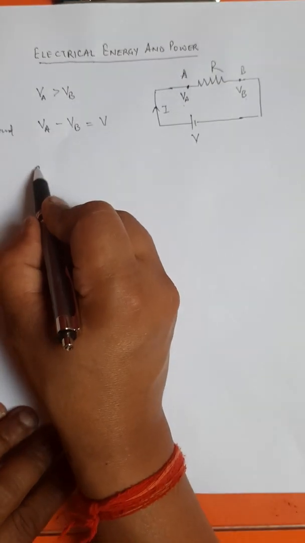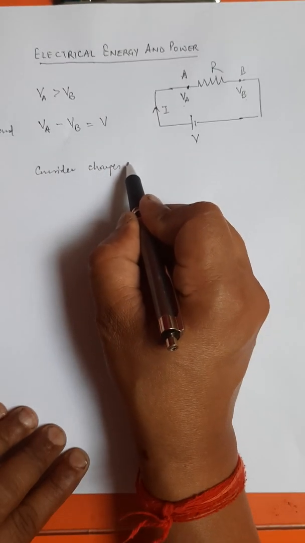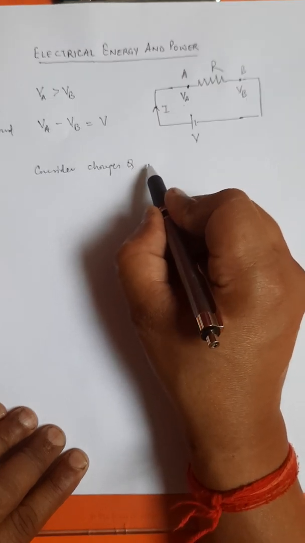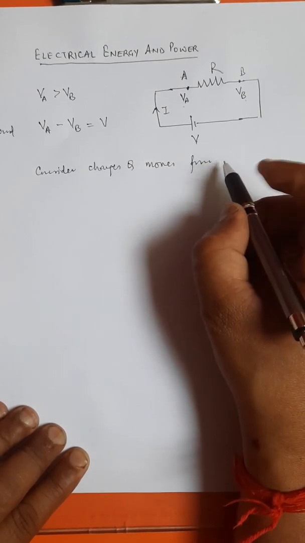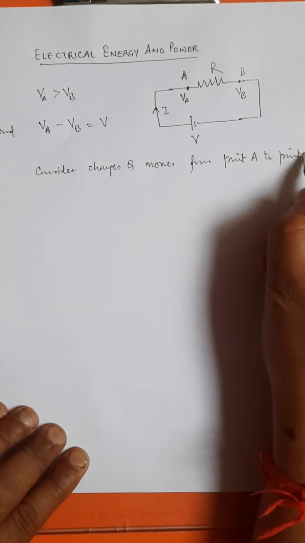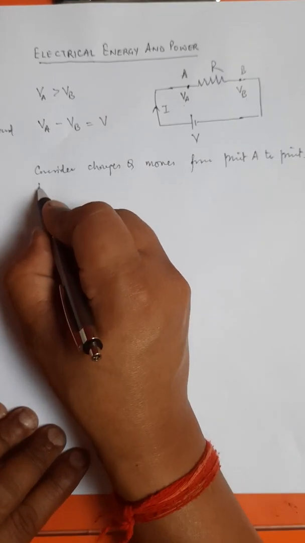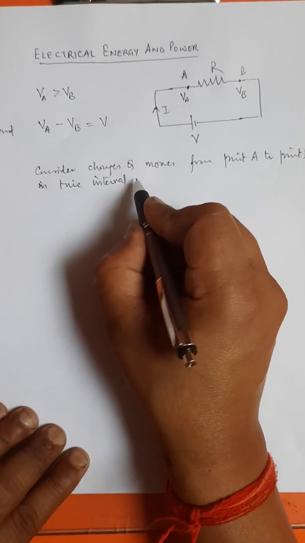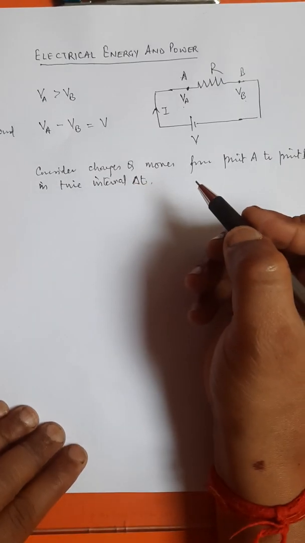Now consider charge Q moves from point A to point B in time interval delta t, when current I is flowing through the conductor.